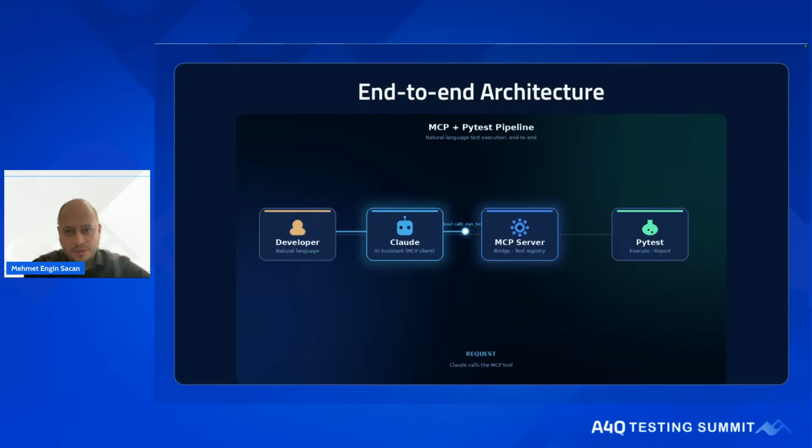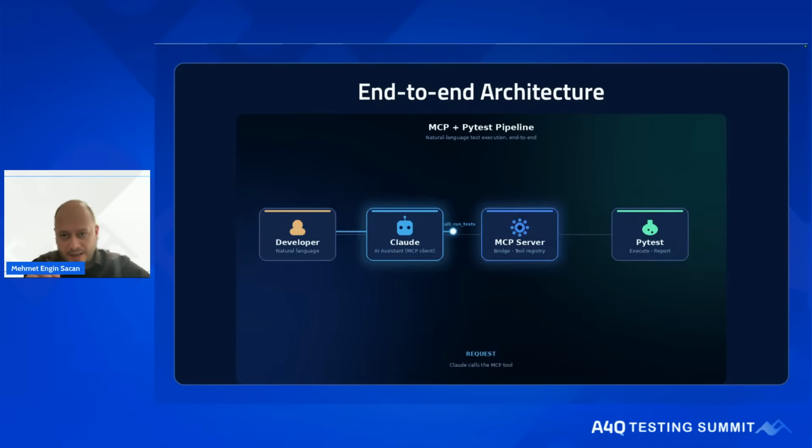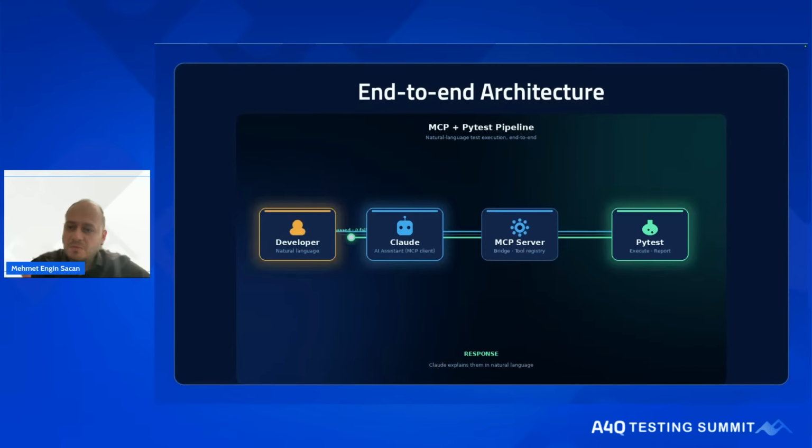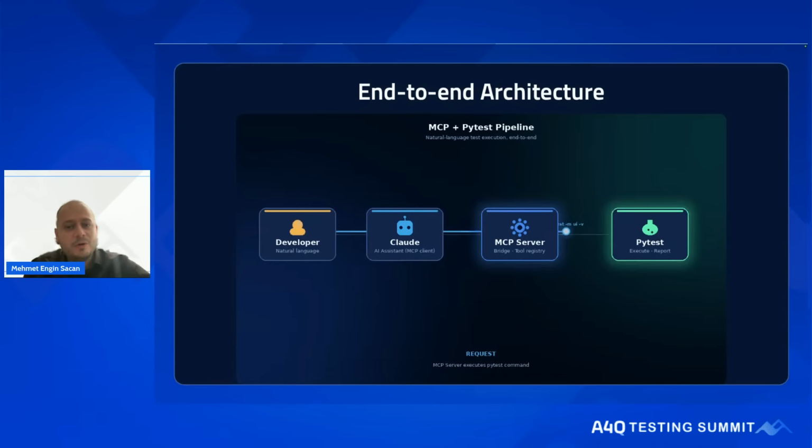Pytest runs, and results come back as JSON. The server formats them: passed, failed, skipped, durations, tracebacks. Claude reads the result and answers in plain English: five passed, all green. I'm using Claude a lot because this is the example that I have in my hands.